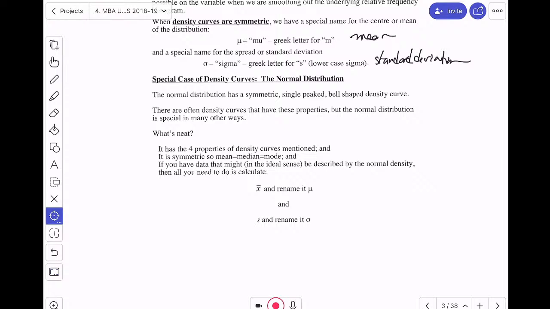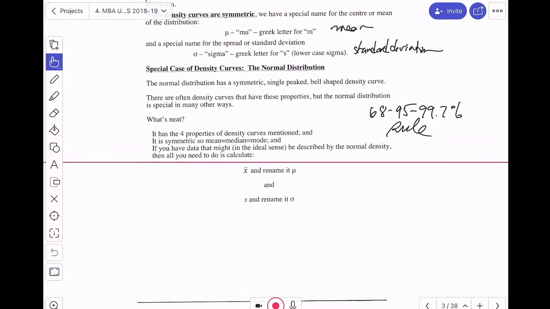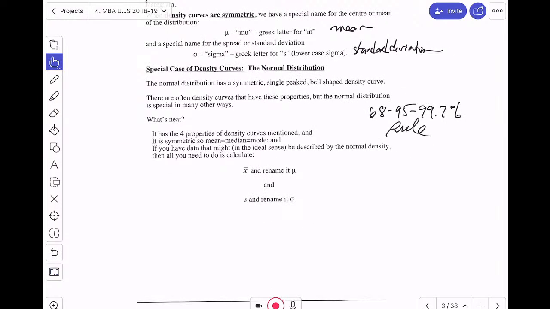The special case of density curves that are normal has one additional property. That property is known as the 68, 95, 99.7% rule. So what is that about?